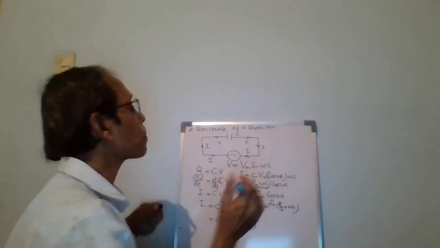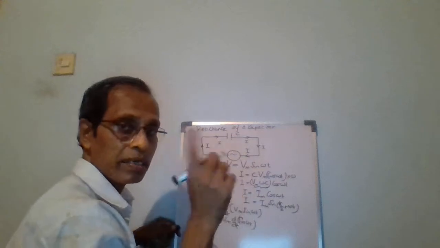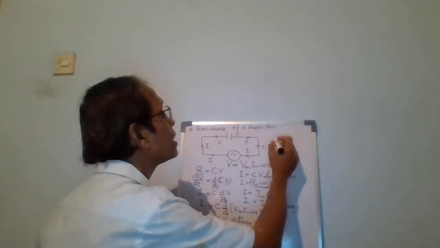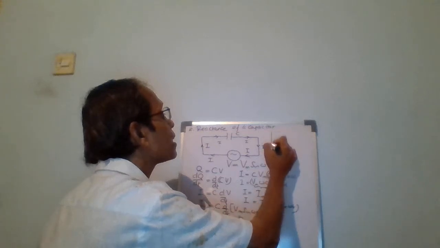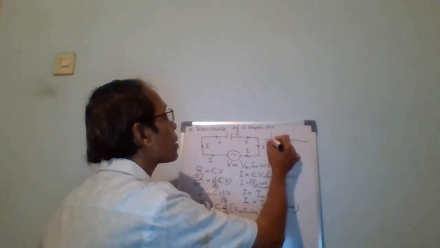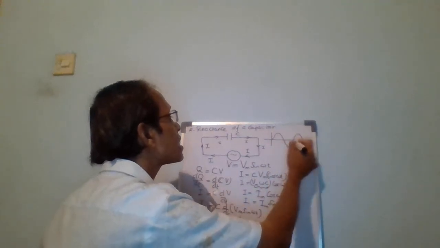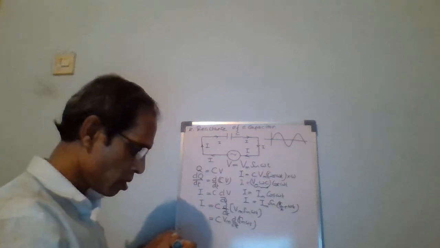Then we can represent this. The sin omega t curve I plotted earlier is like this. This is omega t equals 0.